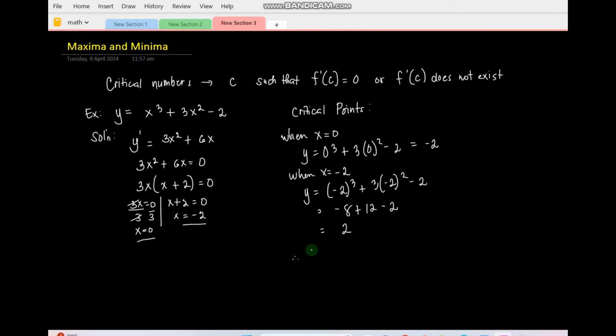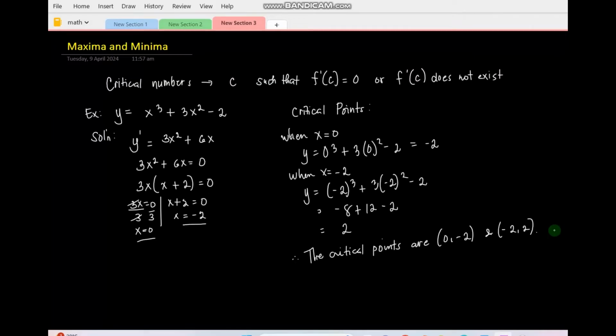So therefore, the critical points are (0, negative 2) and (negative 2, positive 2). Okay?